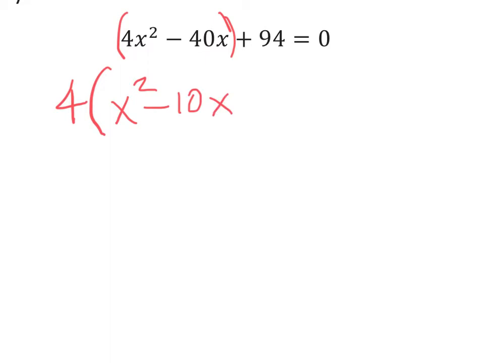What is half of 10? 5. What is 5 squared? 25. Have I added 25 to this side of the equation, or have I added something else? I have added 4 times 25, which is 100. So I must do what outside the parentheses? Subtract it.